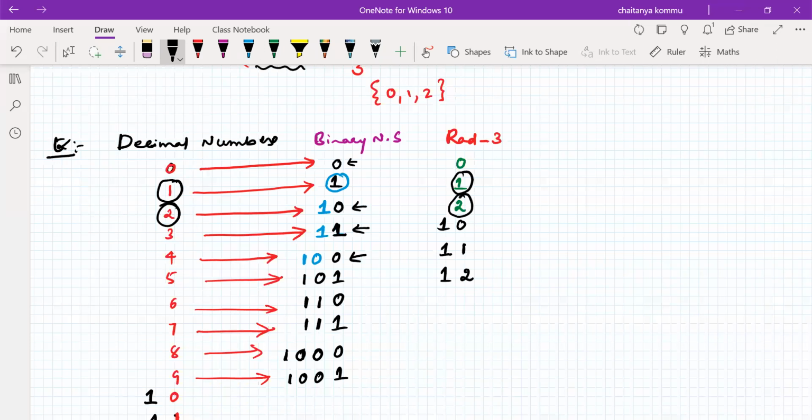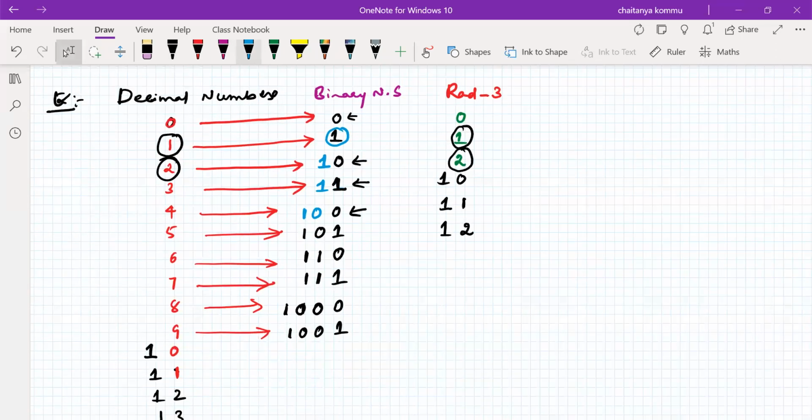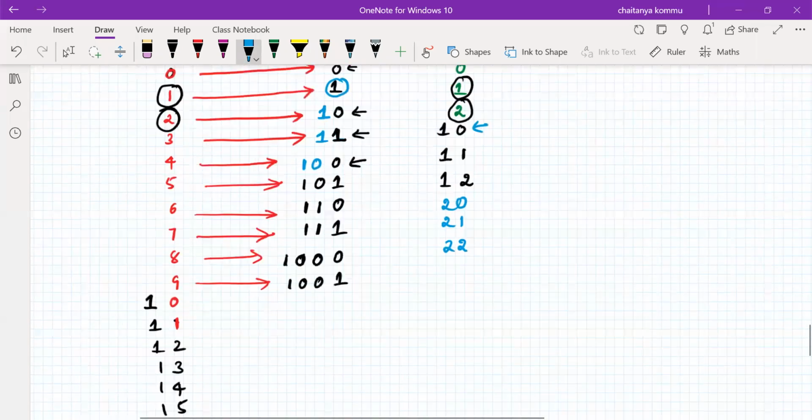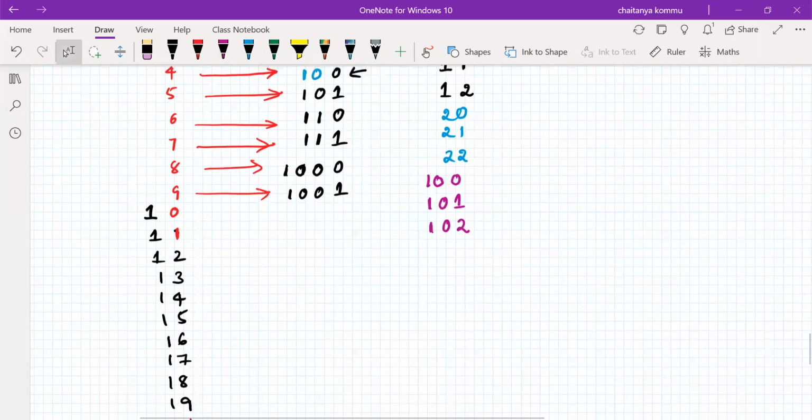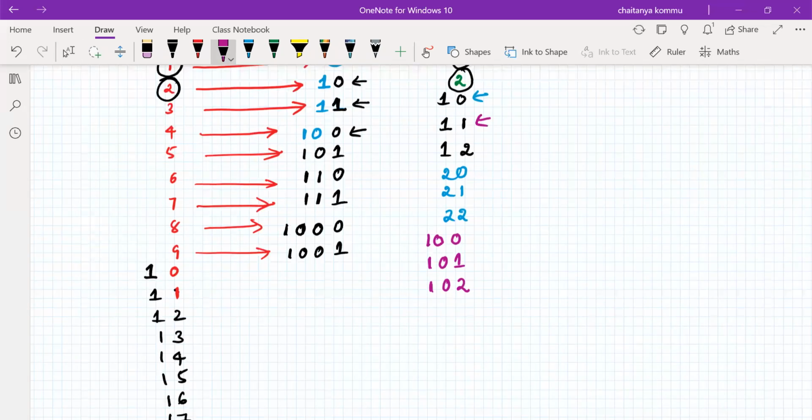Now we have to start with 2. So what is this value? 2 0, 2 1, 2 2. Once it is completed, we have to start again from 1 0, 1 0 0, 1 0 1, 1 0 2. Once it is completed, I have to go for this one: 1 1 0, 1 1 1, 1 1 2, something like this.